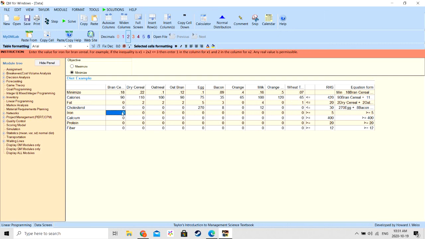So first we'll start with iron. Calcium.